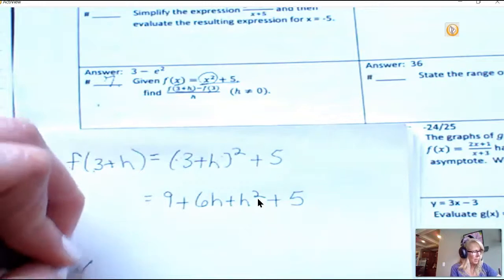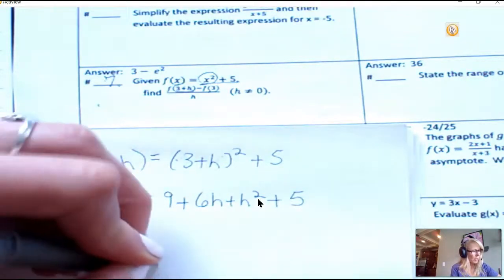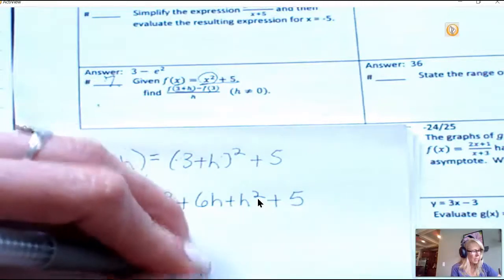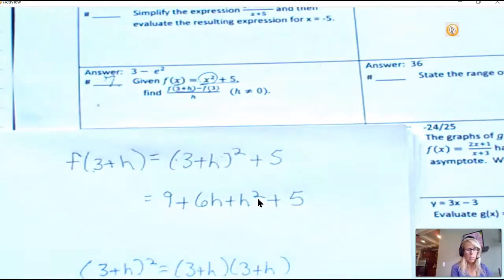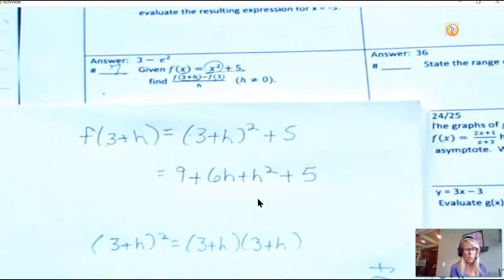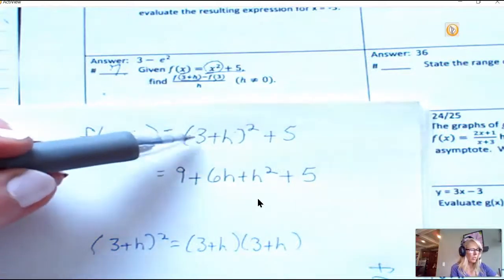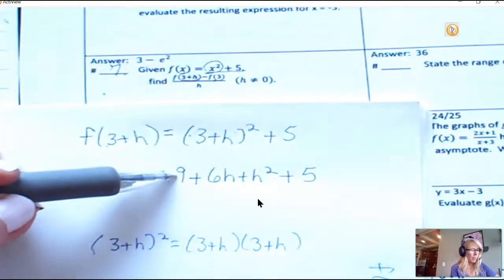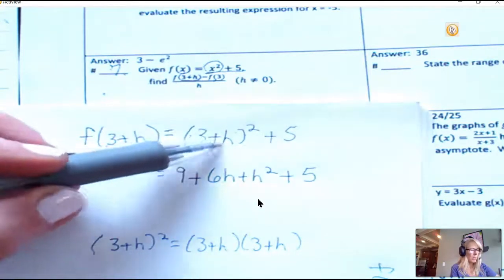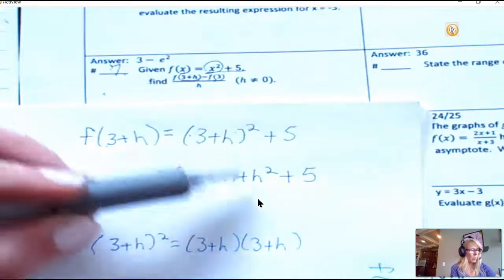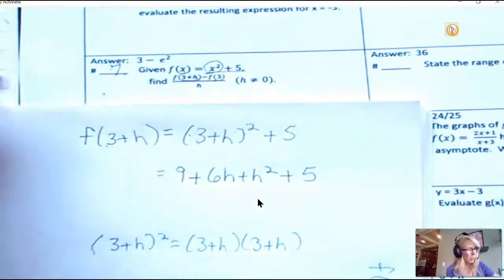But if you had 3 plus h squared, that's the same thing as 3 plus h times 3 plus h. You can distribute and add like terms if you want, or you can remember the perfect square trinomial, which is first term squared, the 2 terms multiplied together and doubled, so 3h times 2, 6h, and last term squared. It's a lot easier if you can remember that. We use it a lot, so I would highly recommend it.